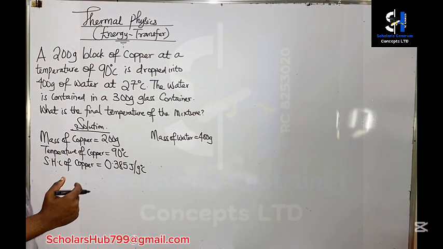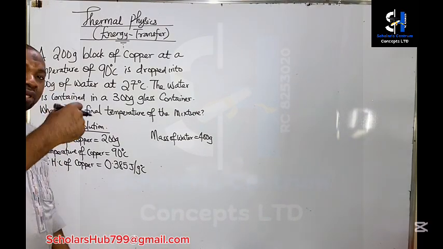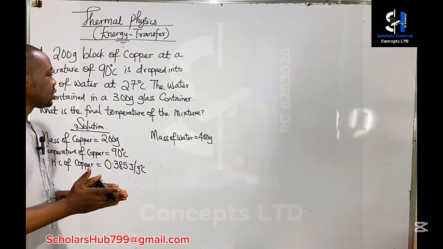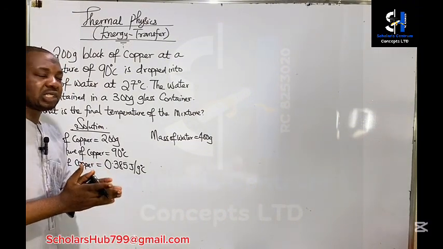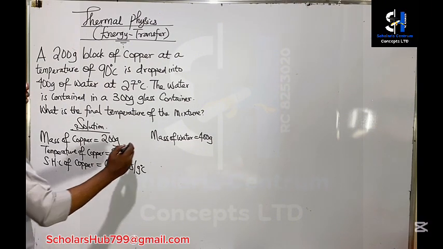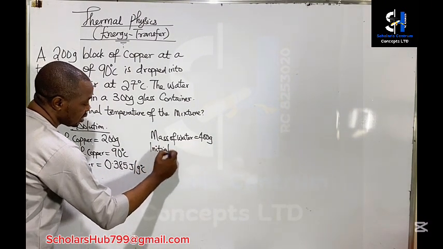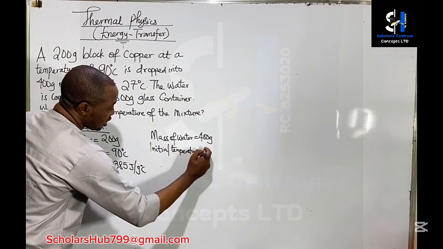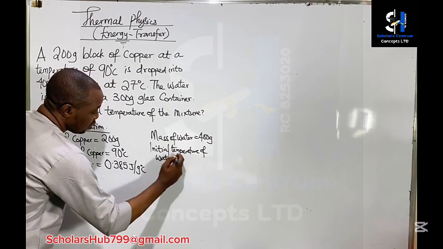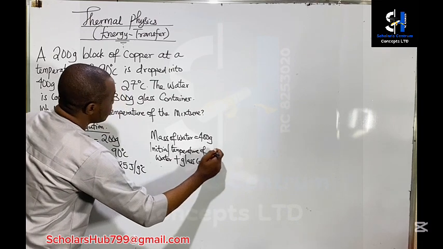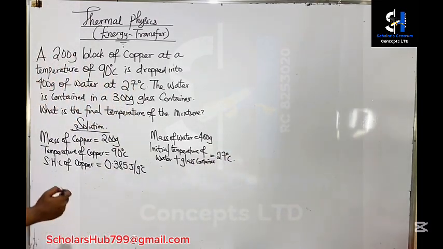Before the copper block is dropped into the glass container containing water, the temperature of water is already at 27 degrees Celsius, meaning the initial temperature of the water plus the glass container is 27 degrees Celsius.